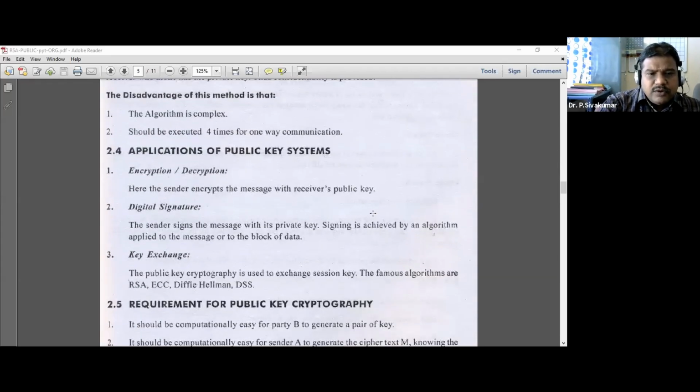Then you know the applications and uses of a public key cryptography system. One is encryption and decryption, which provides confidentiality. Digital signature provides authentication and integrity.